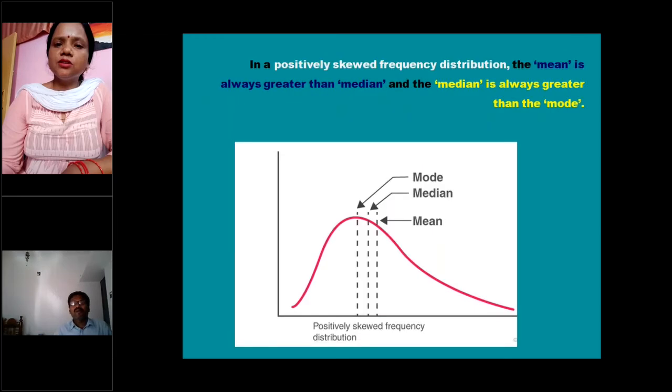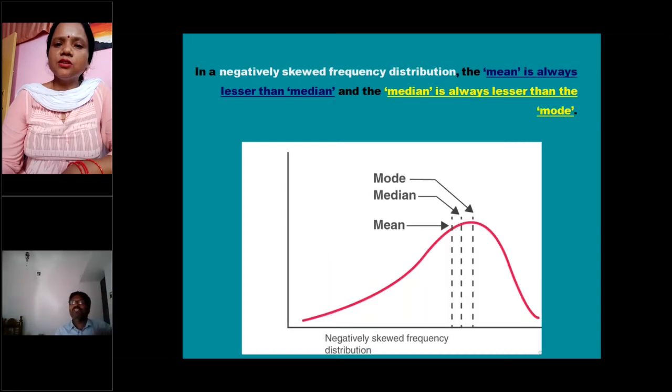If the frequency distribution is positively skewed, then the mean is always greater than the median, and the median is always greater than the mode. If the frequency distribution graph is negatively skewed, then the mean is always lesser than the median, and the median is always lesser than the mode.